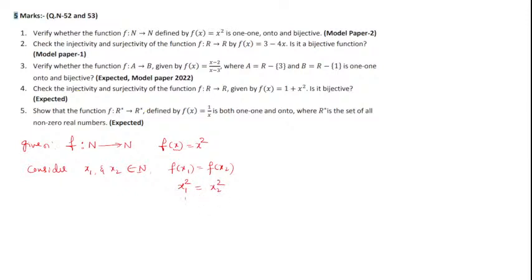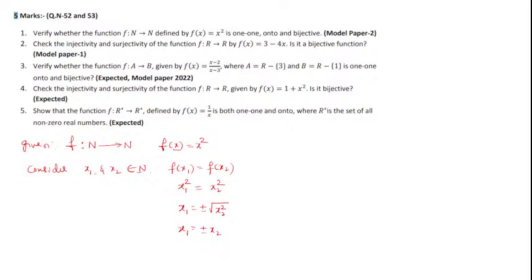Simple method ide. So if x1 square is equal to x2 square, then we will get x1 is equal to plus or minus square root of x2 square. In other words, x1 is equal to plus or minus x2.